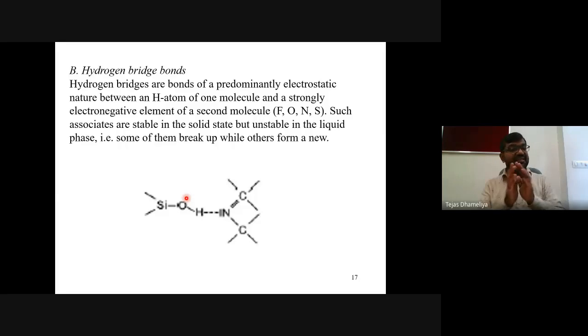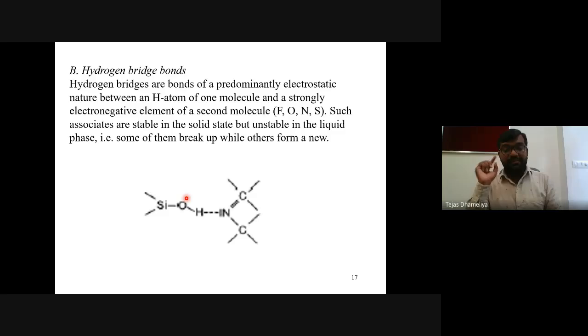So that is neither a covalent bond nor an ionic bond but a hydrogen bond. A single water molecule can make four hydrogen bonds.